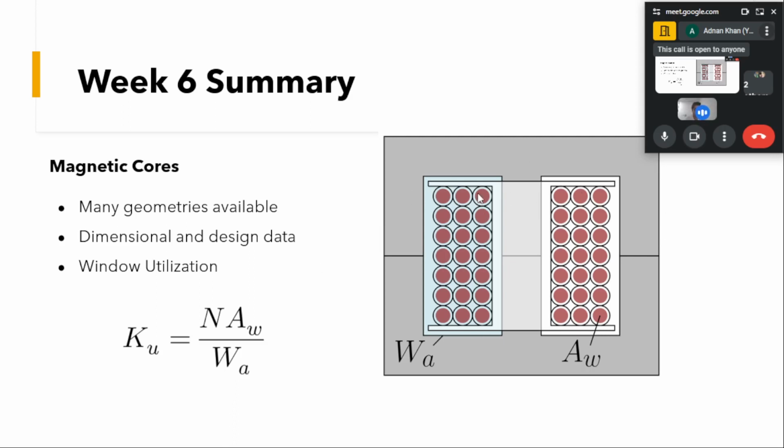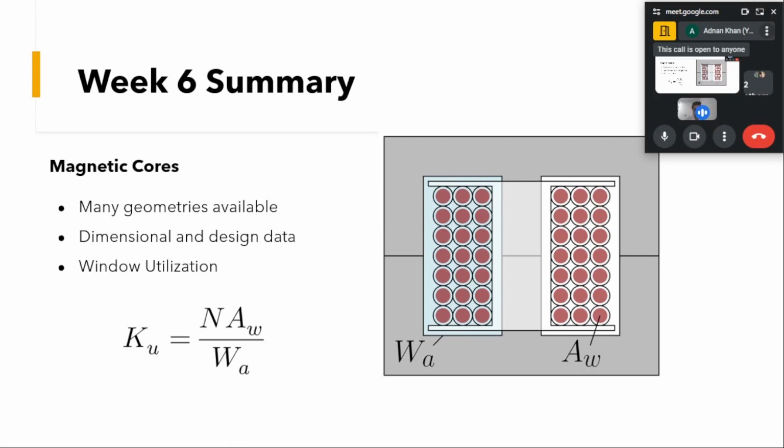There will be a window, and on the central limb we wind our wire, and this wire will be inside this window area. So it is very essential to know what the window area is and how many turns we can have in that particular window area.